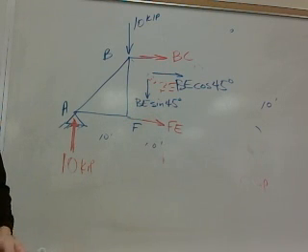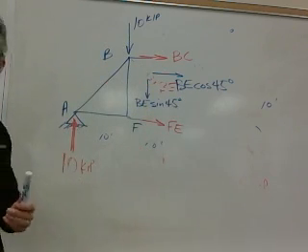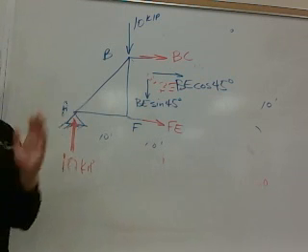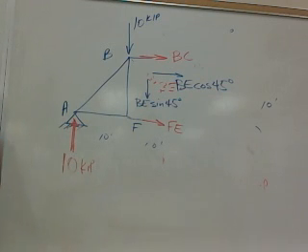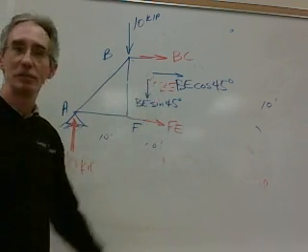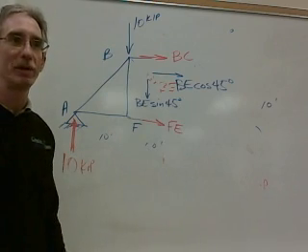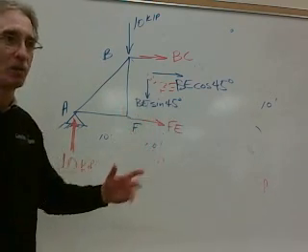So the nice part, and this doesn't happen all the time, but the nice part about method of sections is once you start to understand it, you don't have to start at the x equation, followed by the y equation, followed by a moment. You might be able to start at the y equation and solve exactly what you want. Or you might be able to start with a moment equation and solve exactly what you want.